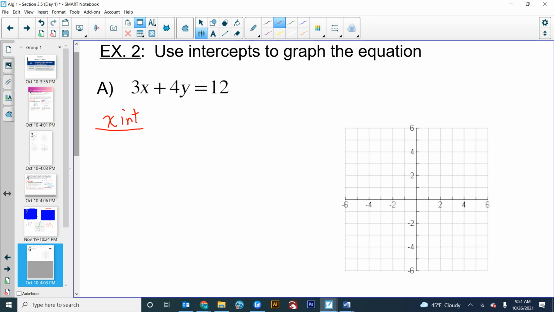Okay, x-intercept. What's always 0? y. I'm halfway done right now with my x-intercept. So that tells me wherever there's a y in this equation, I'm going to put 0. Okay? So 3x plus 4 instead of y, it's what? 4 times 0.